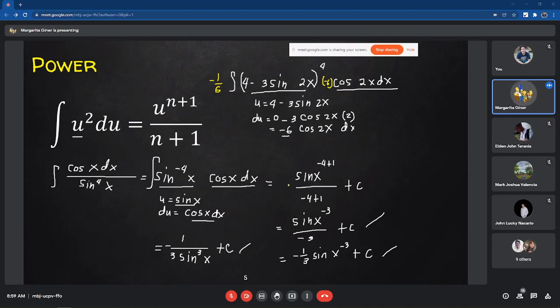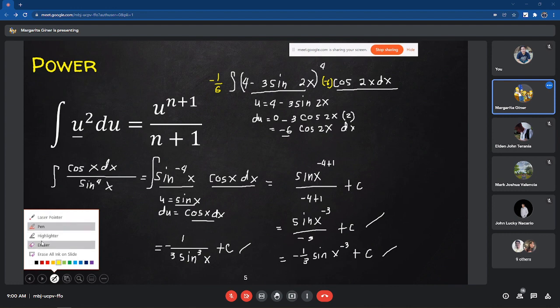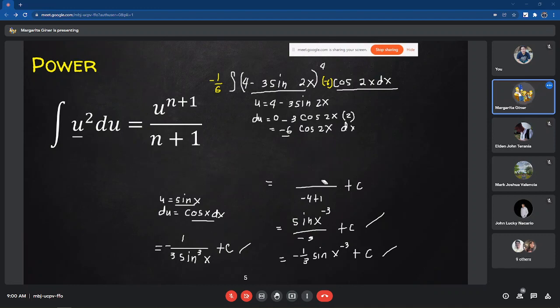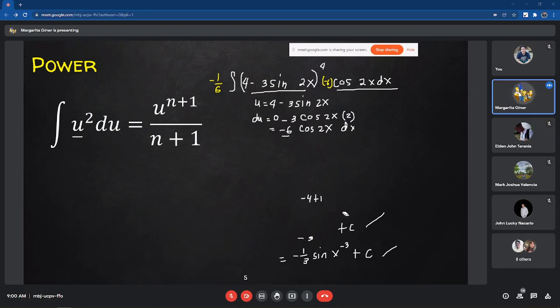So, pa-explain ko na sa dalom, ha? Usually, amo gini siya ginasalaan nga naga-multiply sa mga numbers, para mag-balance ang imo equation. Dapat mapareho gid ang du mo sang imo nga dx dira sa imo equation. So, that's why nagadugang kita para ma-neutral siya.